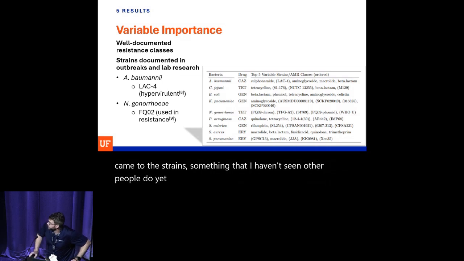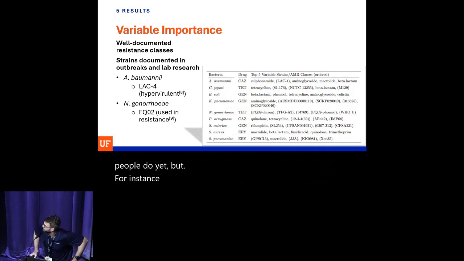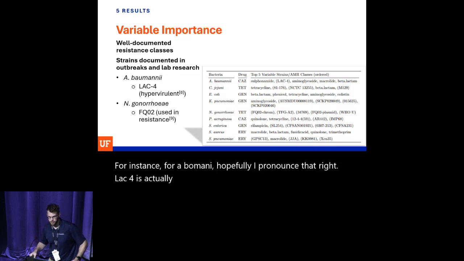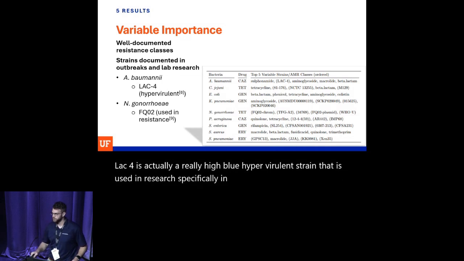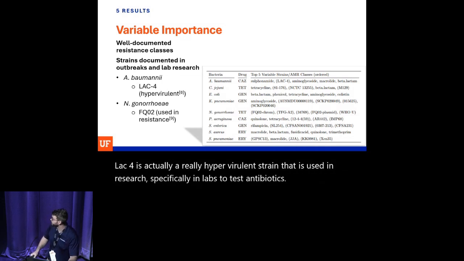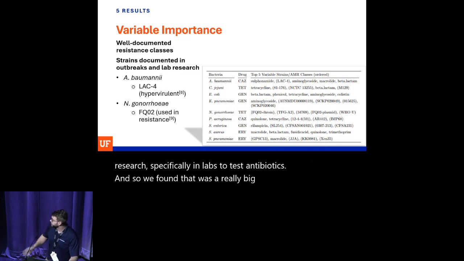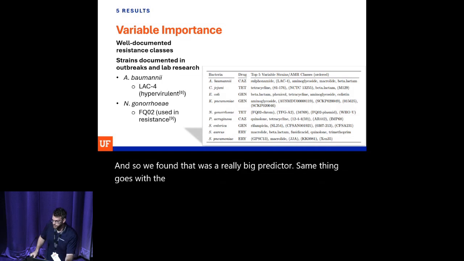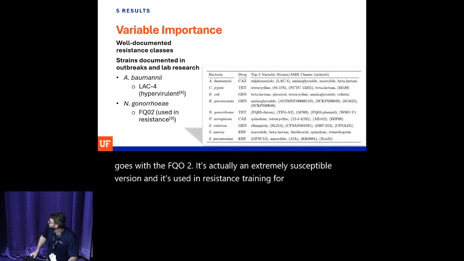For instance, for A. baumannii, hopefully I pronounced that right, LAC4 is actually a really hyper-virulent strain that is used in research, specifically in labs to test antibiotics. And so we found that was a really big predictor. Same thing goes with the FQ O2. It's actually an extremely susceptible version, and it's used in resistance training for gonorrhea as well.